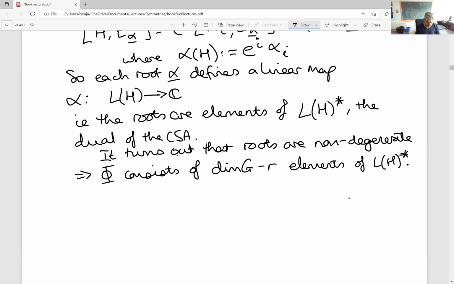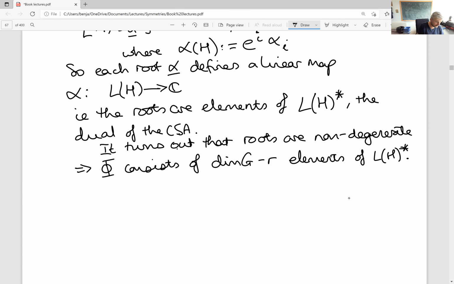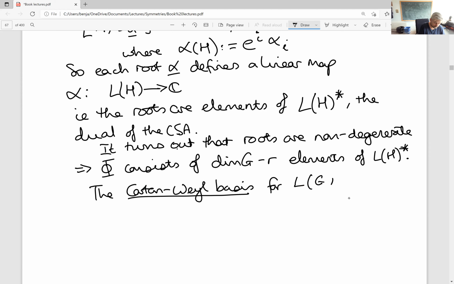Now we're in a position to define the Cartan-Weyl basis for the Lie algebra. So we define our basis B to be a set of basis vectors for the Cartan subalgebra first, labeled by i from 1 to r, as we said before.